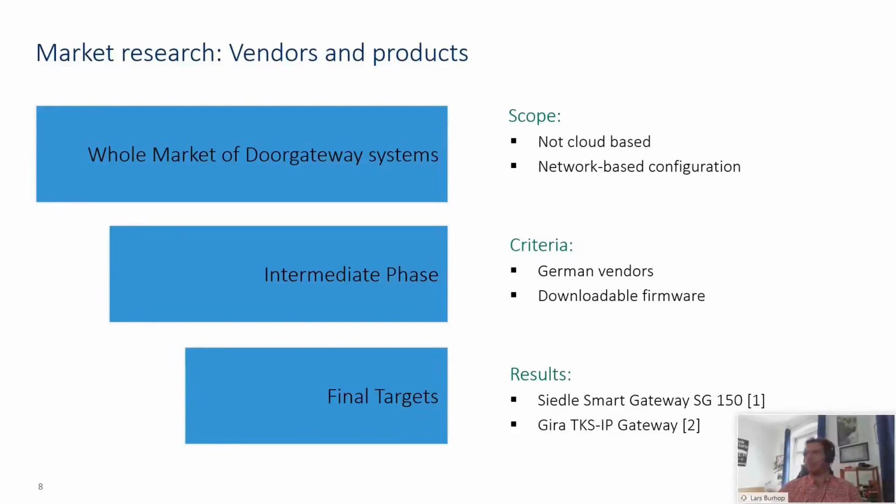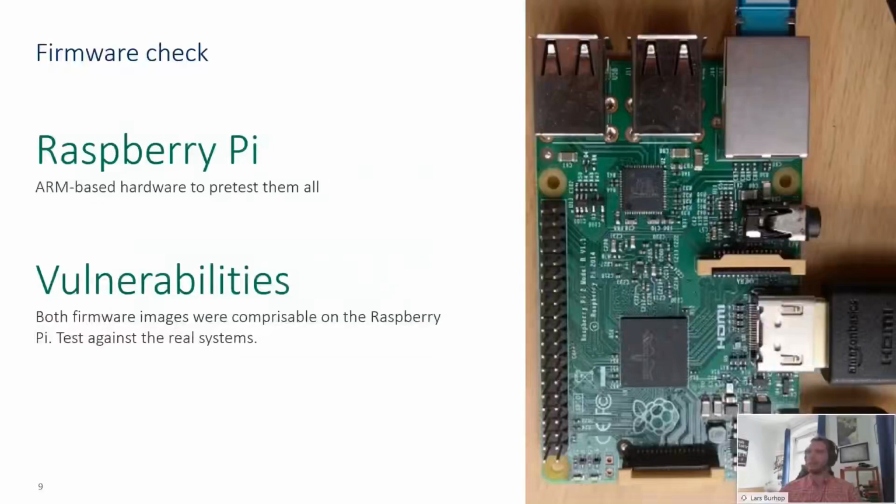But at first, we downloaded that firmware, as I said, and put it on a Raspberry Pi and tried to set it up as well as possible, and then pen tested.